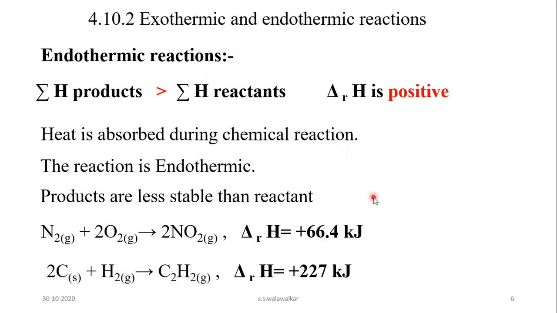Another example: carbon in solid state reacts with hydrogen in gaseous state and forms C2H2, that is acetylene, and the enthalpy of reaction is plus 227 kilojoules. That means it is an endothermic reaction. Enthalpy of products is greater than enthalpy of reactants.